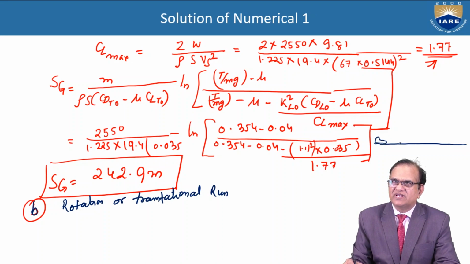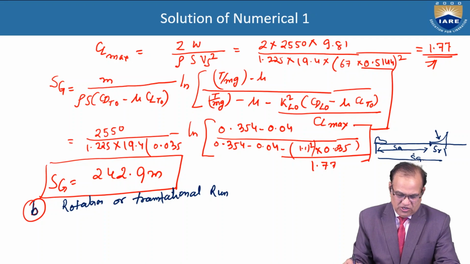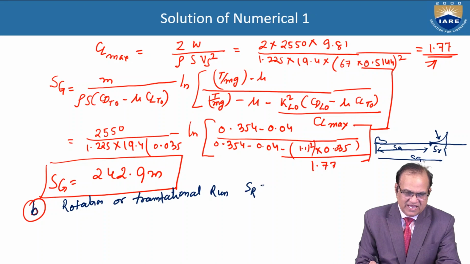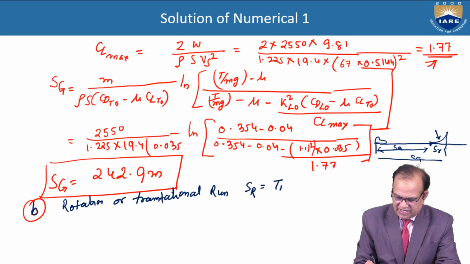Up to here is the ground roll, and from here it is rotational or transition. This distance is SR, from here to here it is SA, and from here to here it is SG. So this is called SR. This SR is equal to TR into VR.